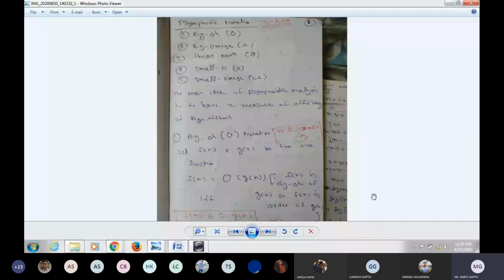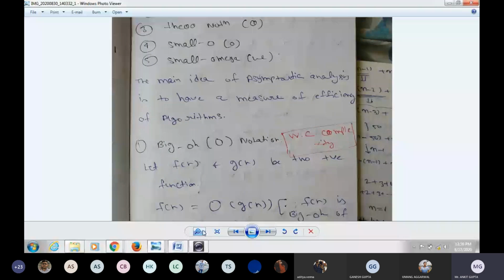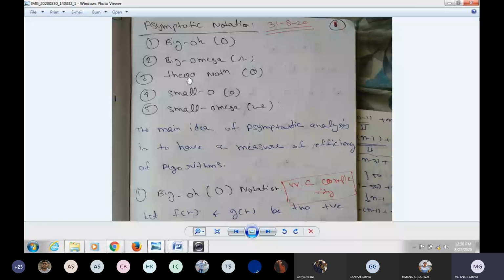Asymptotic notation gives the complexity in the best case, worst case, and average case. There are 5 types of asymptotic notation: big O, big omega, theta, small o, and small omega.